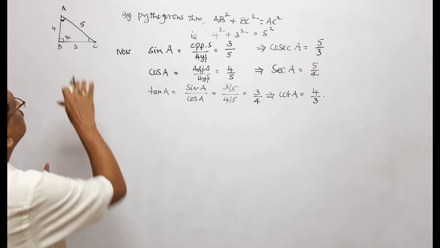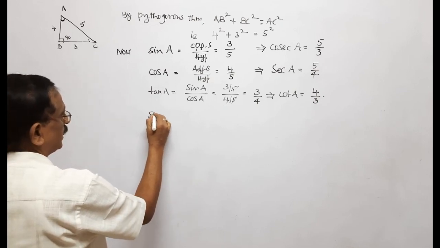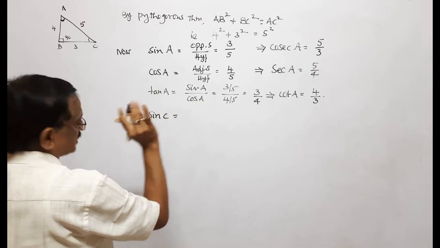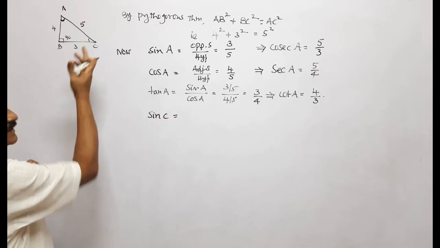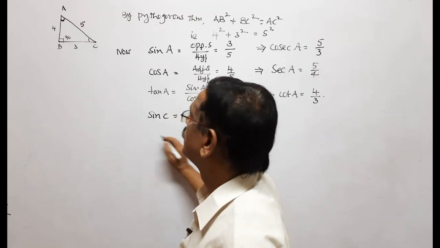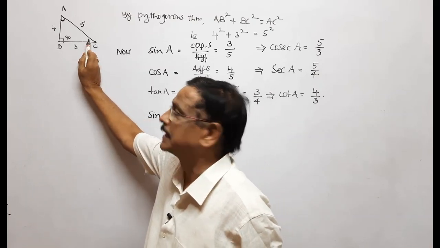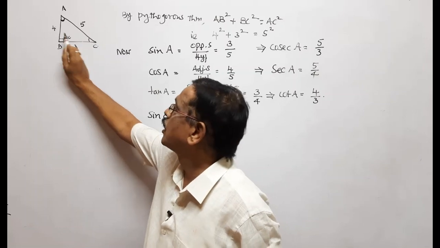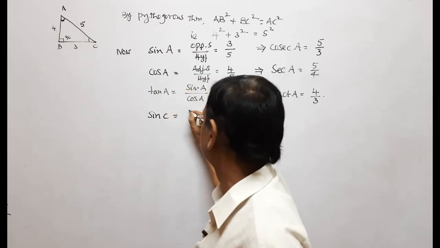Now, in the same fashion, I would like to evaluate sin C and cos C. The rest is just for your exercise. What is sin C? This is C. Sin C is opposite side by hypotenuse, so 4 by 5.